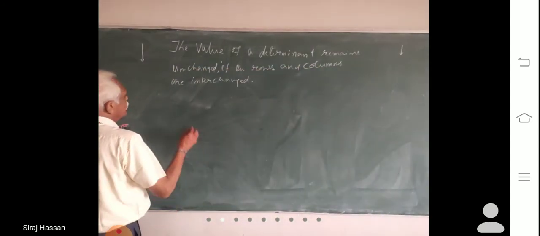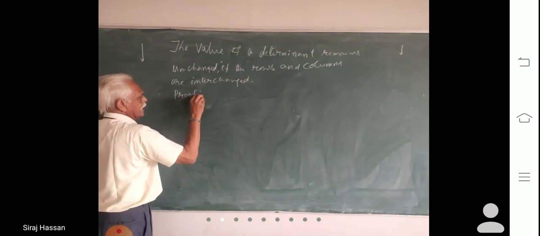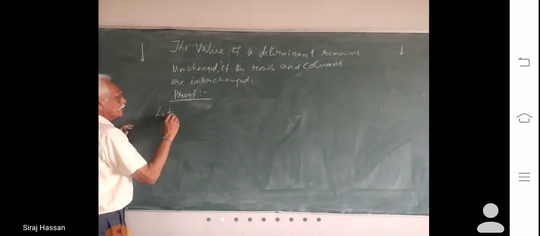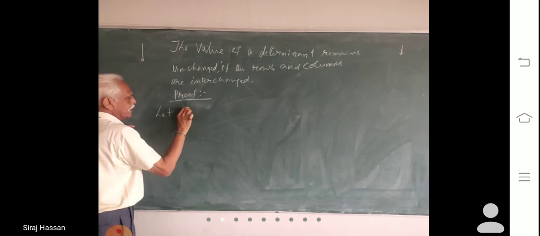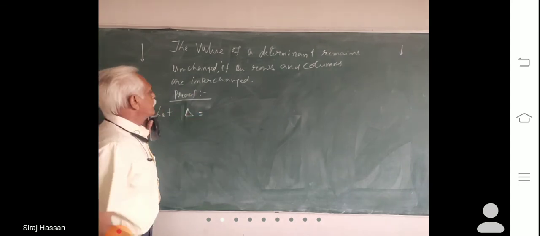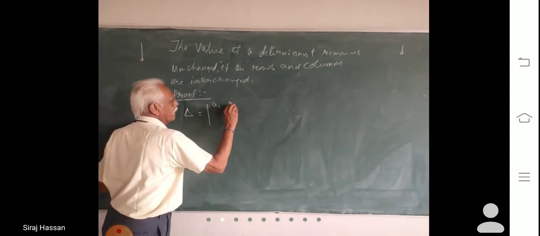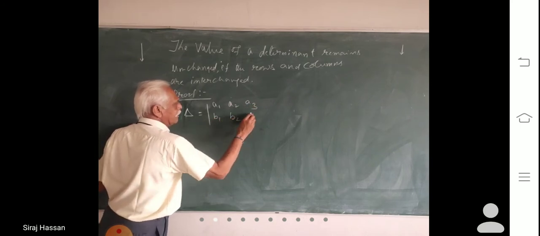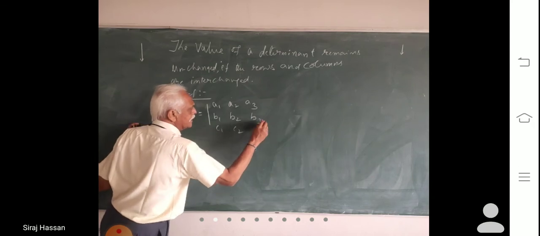Now, let us prove this. Let delta be equal to, delta means the determinant value, A1, A2, A3, B1, B2, B3, C1, C2, C3.